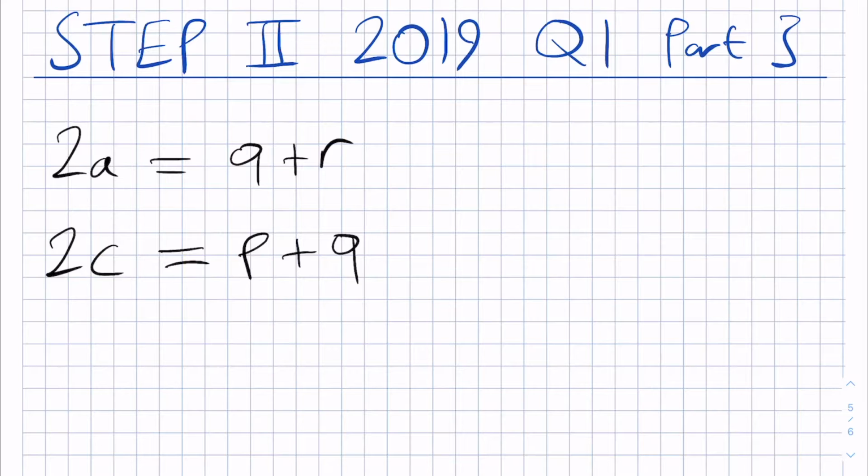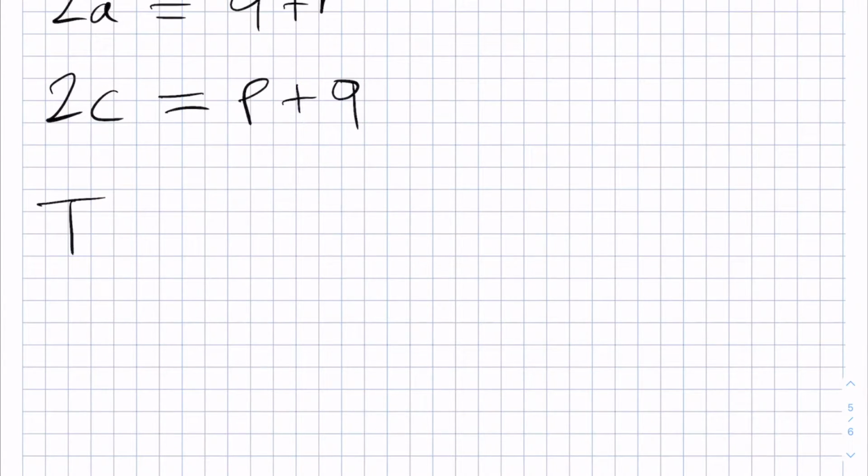Now we need to show the if and only if. So we're looking at tangents being parallel to each other, in particular the tangent in part I and the tangent in part II.